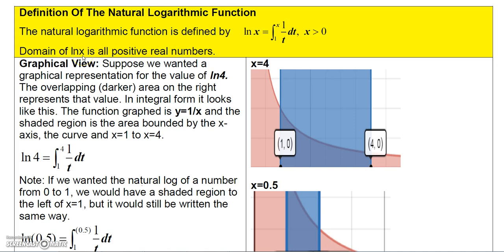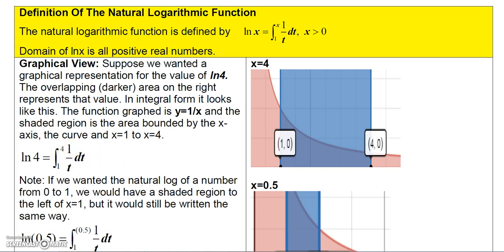Now the domain of the natural log of x function is positive real numbers, and the range is actually all real numbers. So if you wanted a representation for, say, the natural log of 4, well, by definition, that would be the integral from 1 to 4 of 1 over t dt.